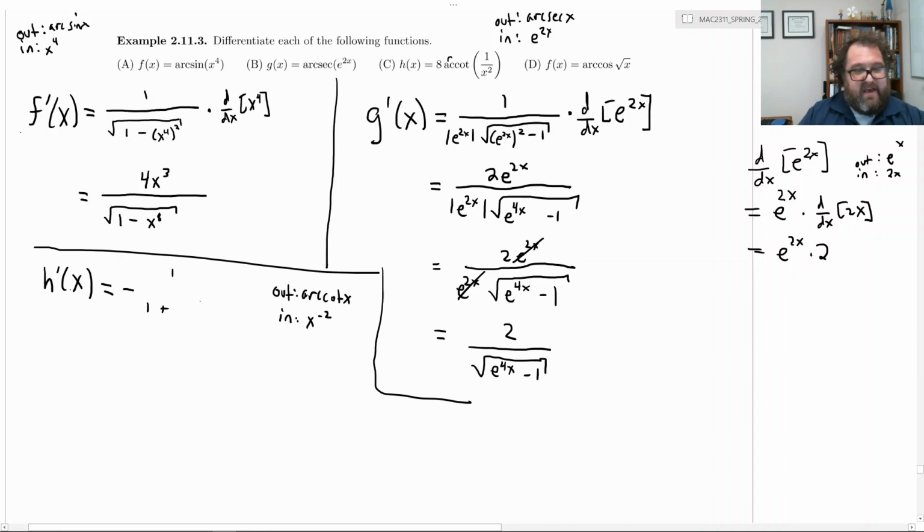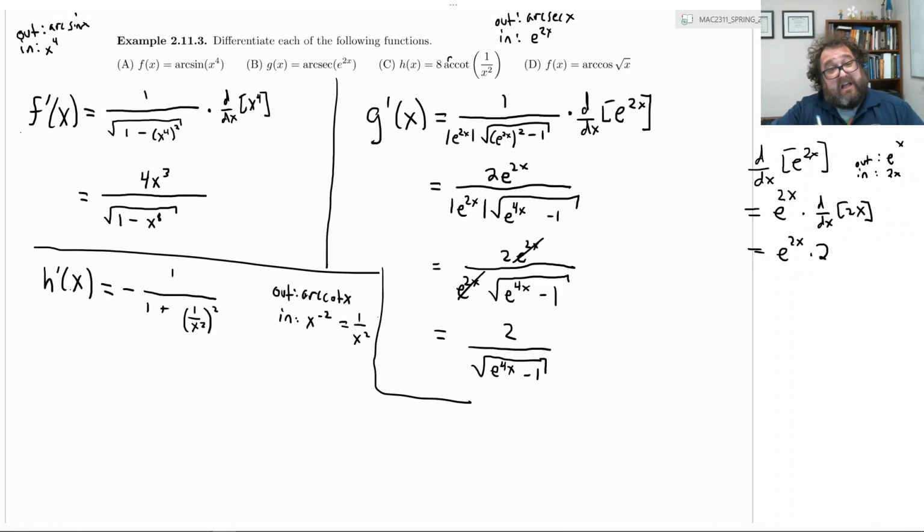I want to use a negative exponent when I differentiate. So for here, I'm going to use the 1 over x squared form. But remember, that's the same thing. So I'm going to use the 1 over x squared version for step 2 of the chain rule when I'm plugging in.